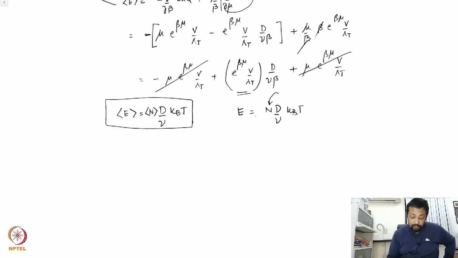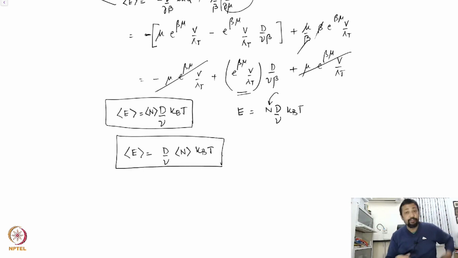Here this relation is replaced by average of E is d by nu average of n kBT. So this is how the relation gets modified in the grand canonical ensemble. I invite you to calculate the entropy, and you will see the same phenomenon, that the n and the E are replaced by average E and average n.